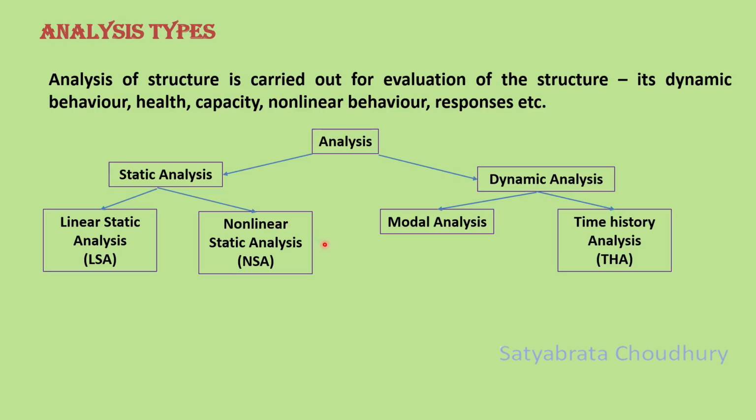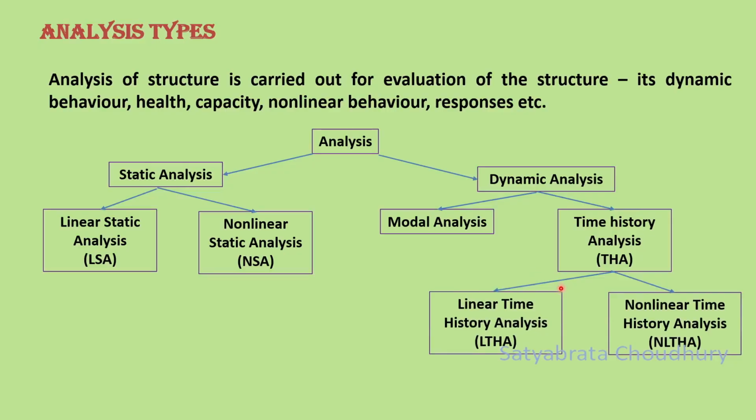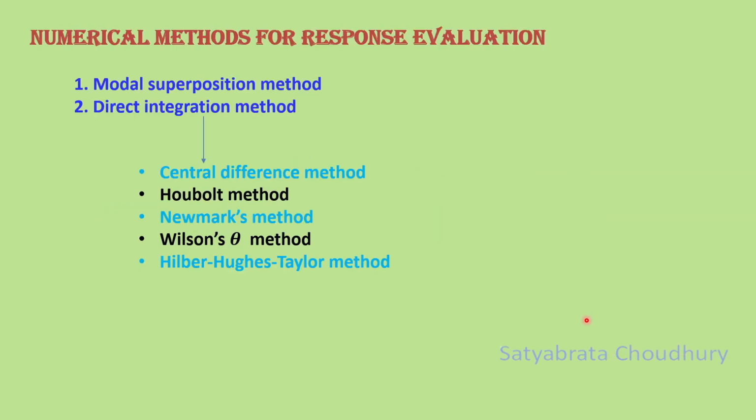Dynamic analysis can be modal analysis or time history analysis. Time history analysis can again be linear time history analysis and nonlinear time history analysis. What is linear and nonlinear we shall gradually understand as we go through this video. Now the evaluation of the system can be done either through exact solution or through numerical solution.